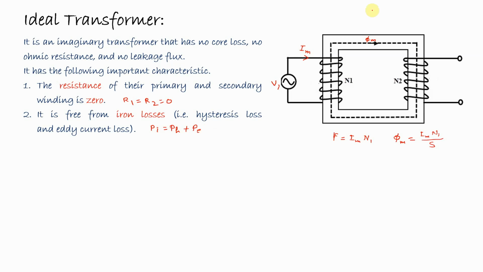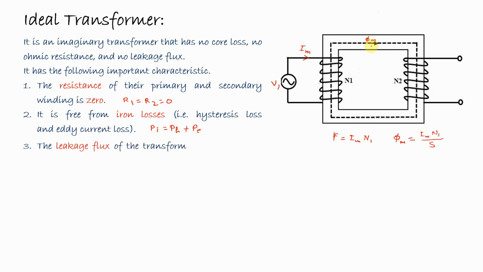As here phi m is flowing through the core material, this flux is changing with respect to time. But in the case of an ideal transformer, there will be no hysteresis loss and no eddy current loss.